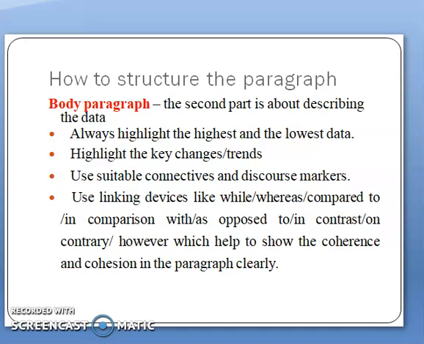Highlight the key changes or the trends that happen in the table. Use suitable connectives and discourse markers. Use linking devices like while, whereas, compared to, in comparison with, as opposed to, in contrast, on the contrary, however, which help to show the coherence and cohesion in the paragraph clearly.